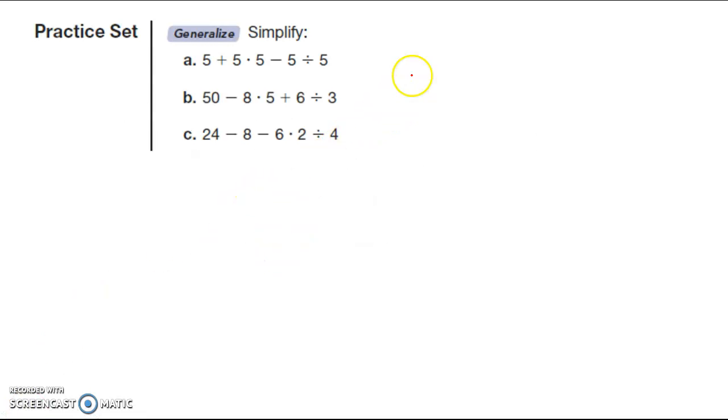Okay, so we are talking about order of operations. This is also known by the acronym PEMDAS: Please excuse my dear Aunt Sally.